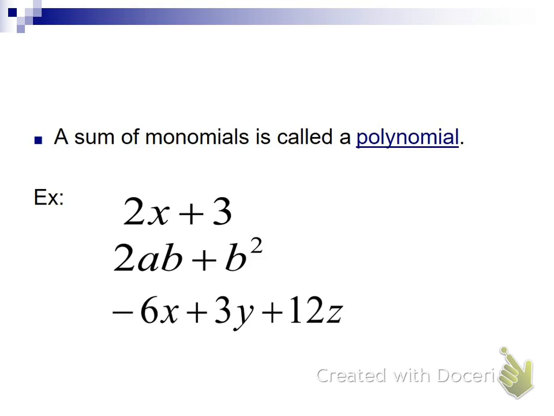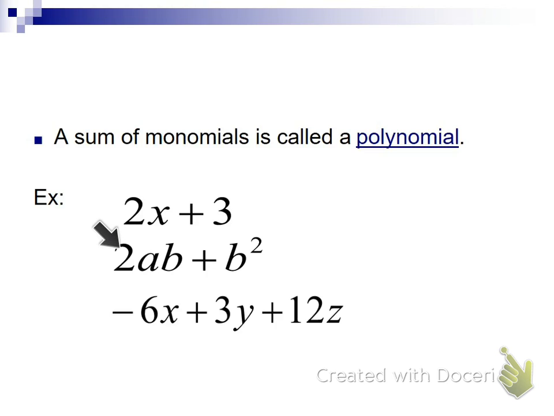So we have a few different examples. Notice that in all of these examples, they are already simplified. There are no parentheses to distribute into. There are no like terms that we could combine. How many monomials are in that first example? 2. 2x and 3.